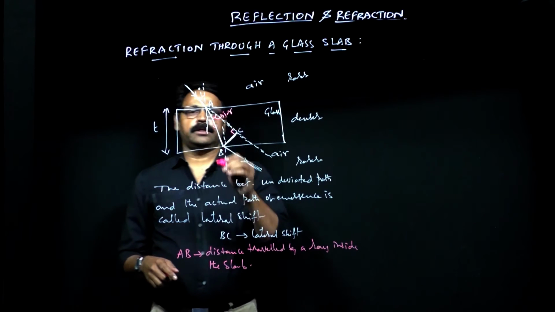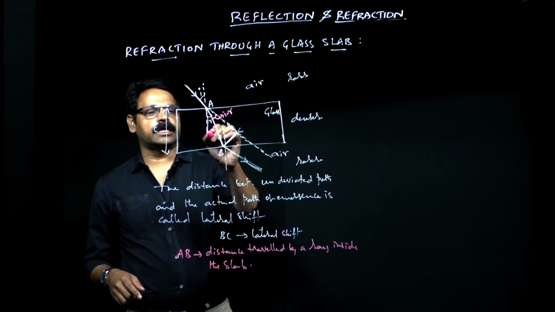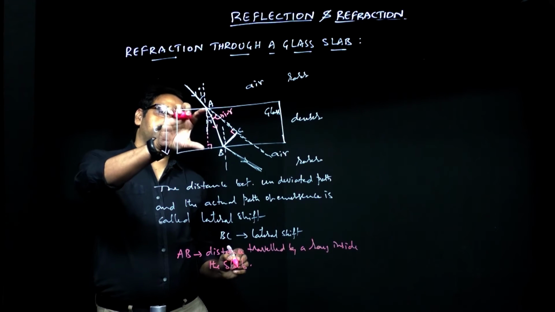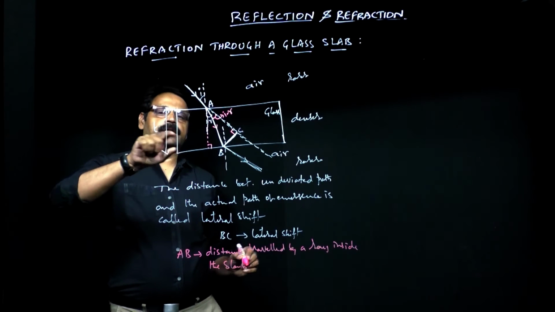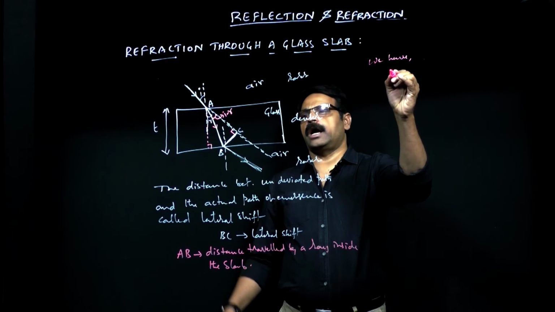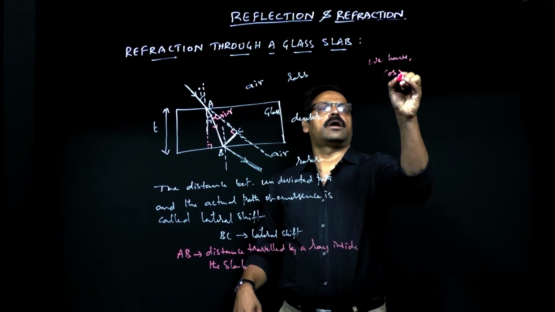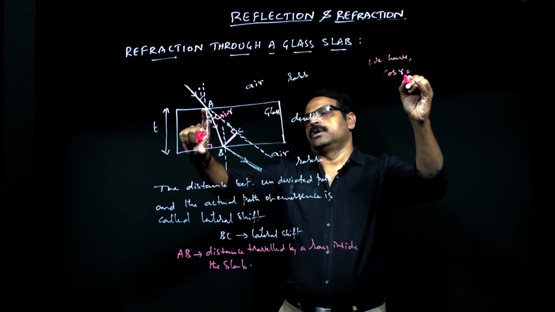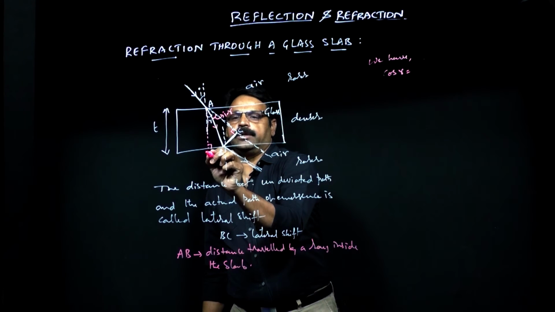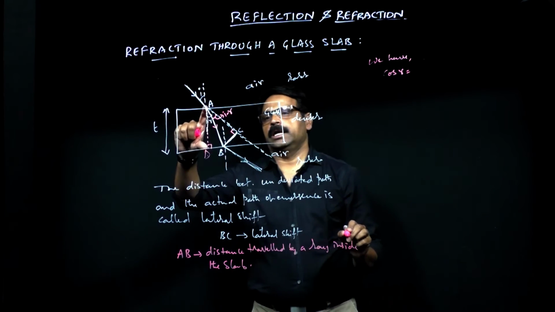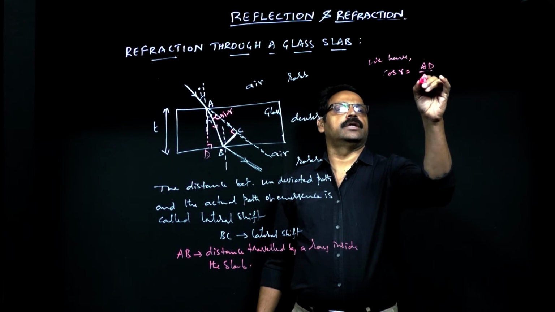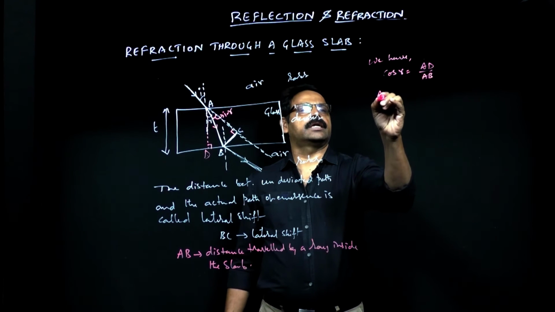So how can you calculate this AB value? If I extend, here it is a perpendicular, 90 degrees, then this forms the adjacent side. From trigonometric knowledge, we have cos R equal to AD by AB, where I call this point D. And I need to calculate AB.